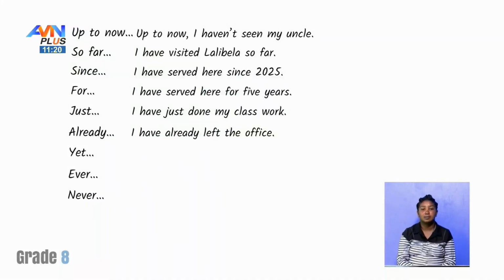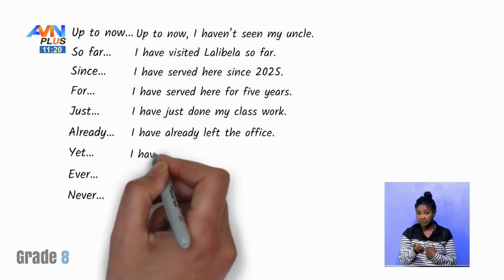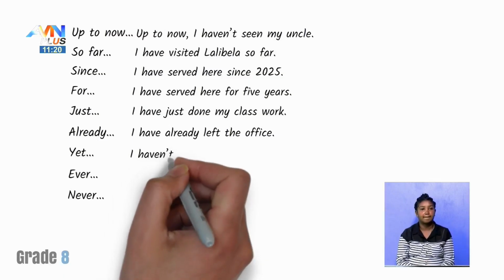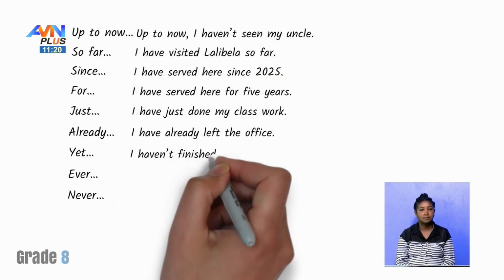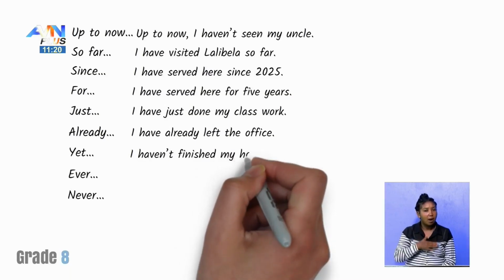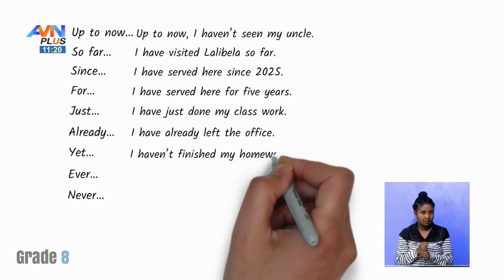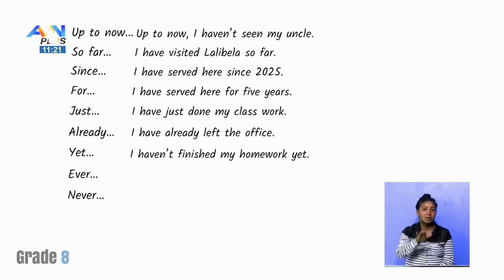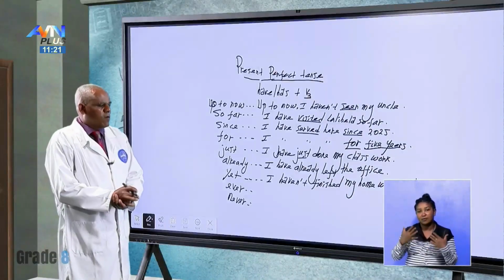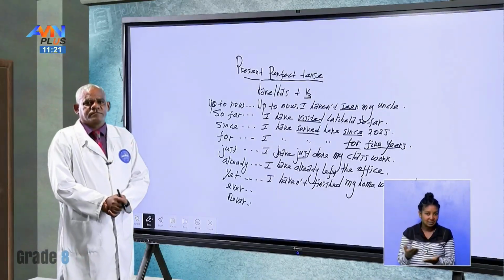Yet, when it comes here now: I haven't finished my homework yet. Look at the position, where does it lie? At the final position, okay? I haven't finished my homework yet.